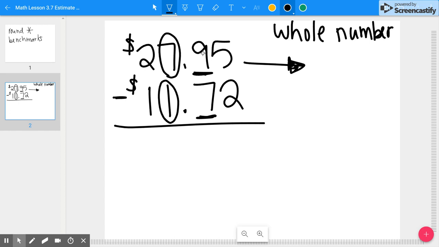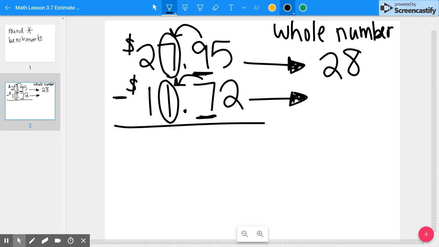So if I'm looking at this first number, $27.95, this 9 is telling me that I'm going to bump this 7 up. I'm going to add 1 to the 7 because the 9 is greater than 5. So it becomes 28. Now let's look at the next number, $11.72. This 7 is telling me that I need to add 1 to the 1 because 7 is greater than 5.